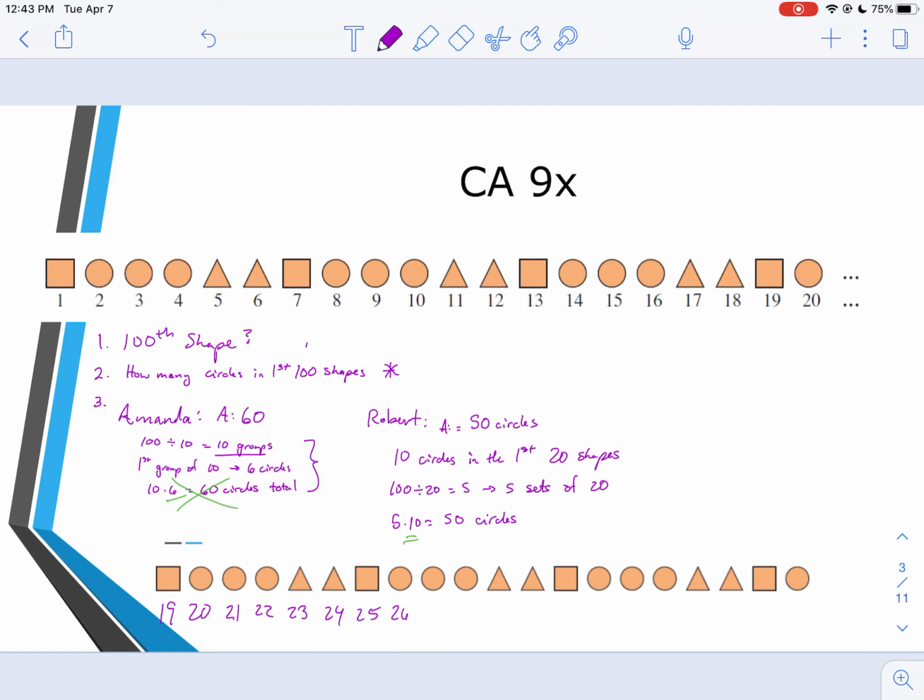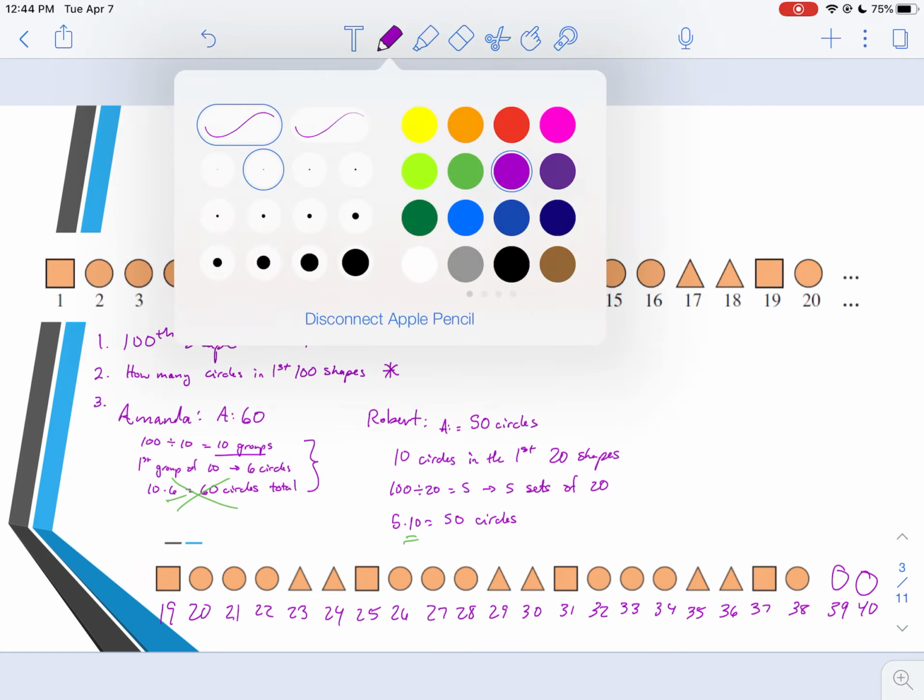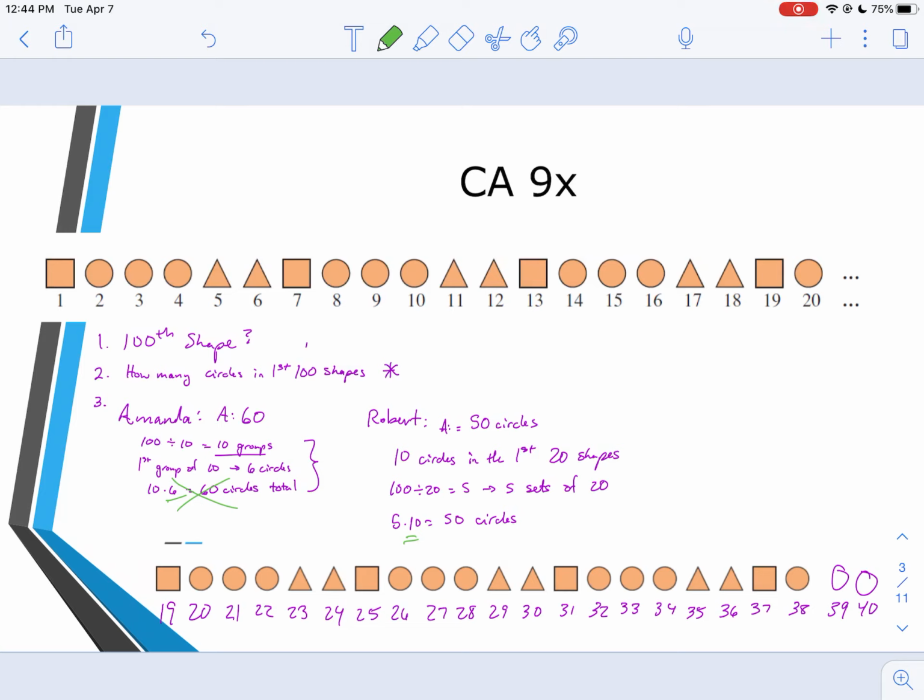So if I extend this out, 39 and 40. So what's 39 and 40 going to look like? That's 2 more circles, right? So how many circles do we have in the next set of 20?